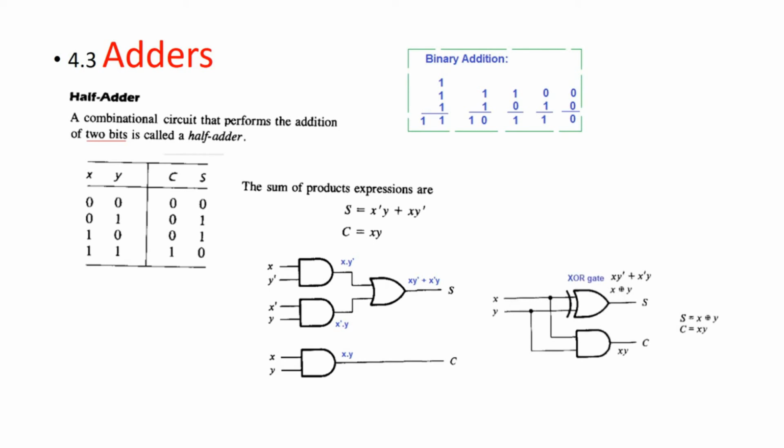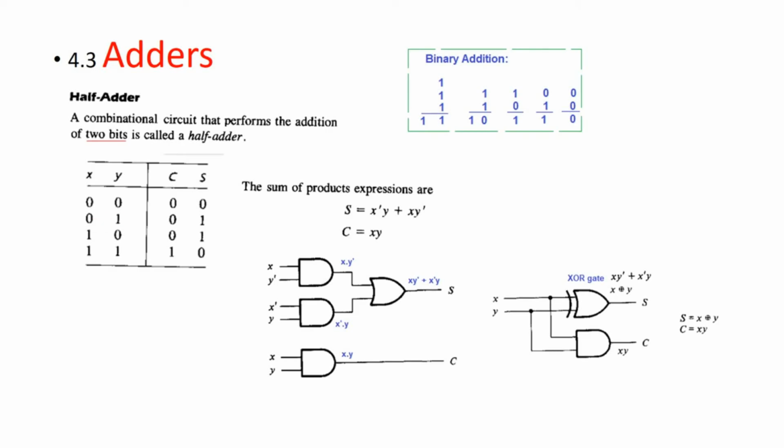If you have learned the XOR gate, I'm sure you will remember that the XOR gate has the property that whenever the inputs are different, like here one is 0, the other is 1. Here the first one is 1 and the other is 0.